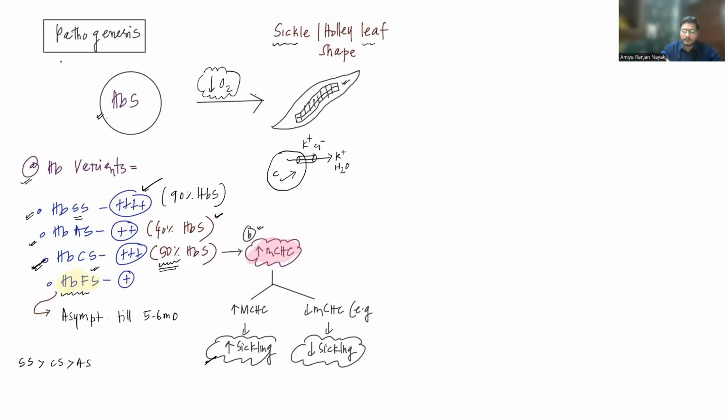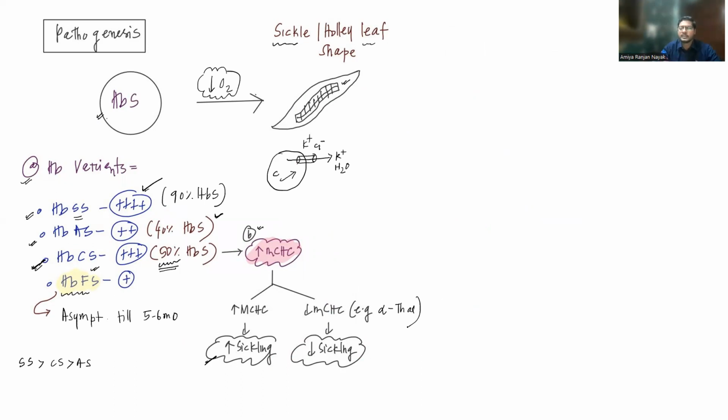Now, can you tell me any condition where there will be decreased mean corpuscular hemoglobin concentration? Whatever factors reduce the hemoglobin concentration can also reduce the amount of sickling. So, if the patient has concomitant alpha thalassemia, it means the alpha globin gene is not produced.